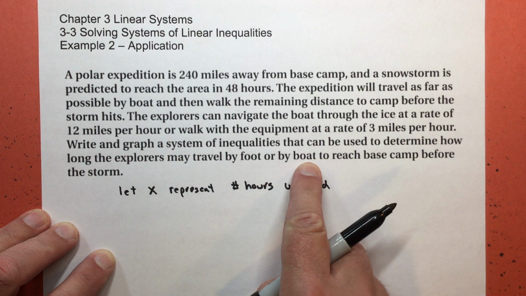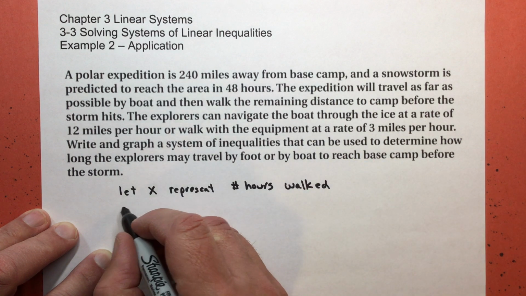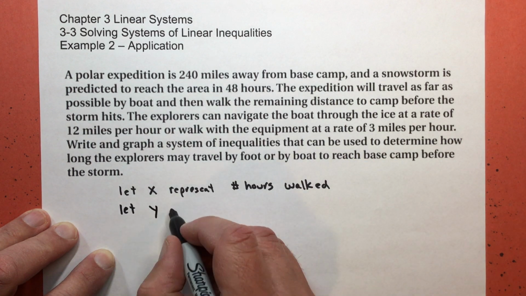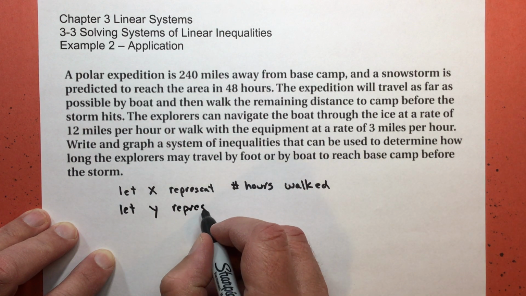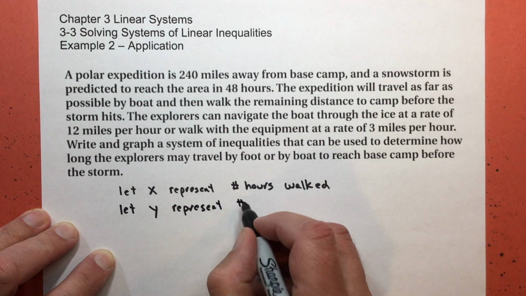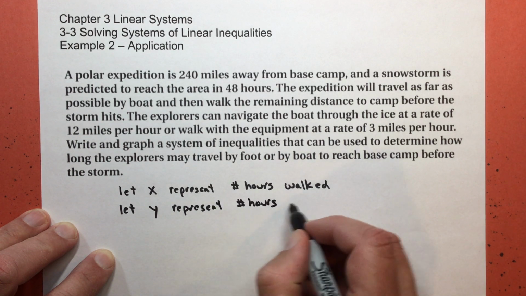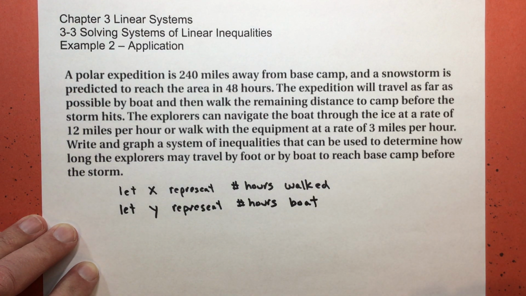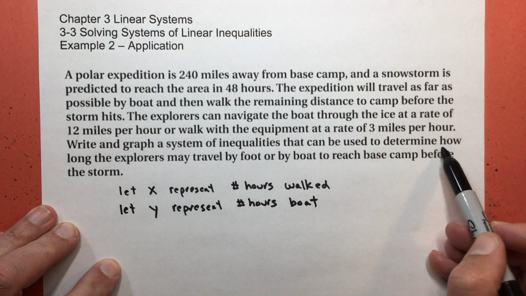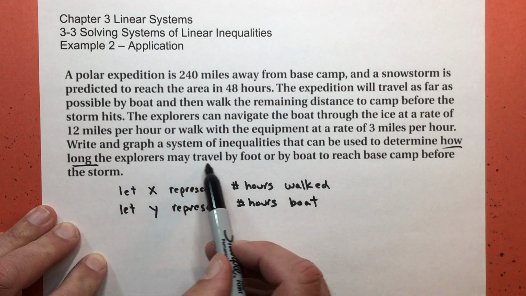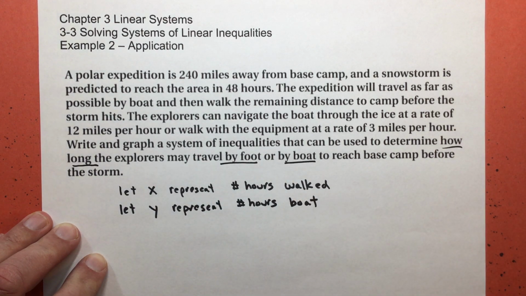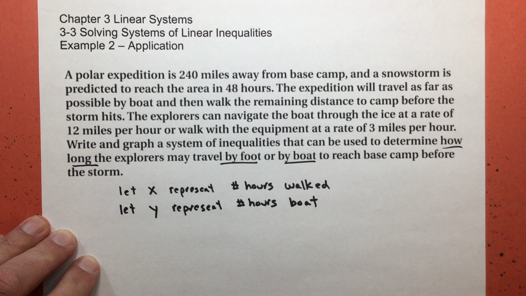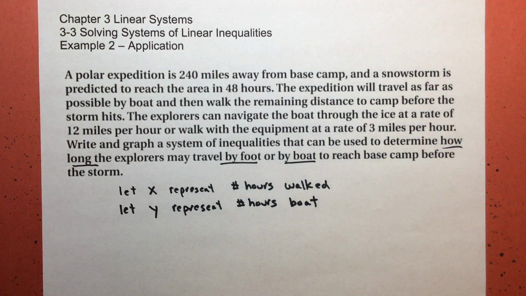And how long is it going to take to go by boat? So I'm going to let Y represent the number of hours that they're going to travel by boat. And where did I get that from? It's directly from the question. The question is going to tell you what to find. Those are your variables. Now we got to come up with the inequalities.